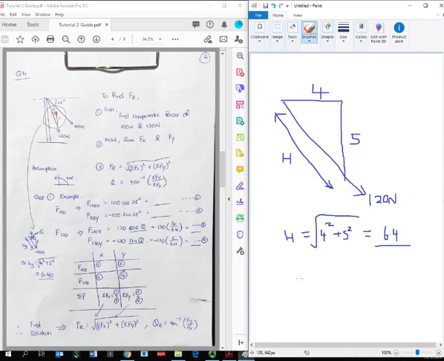Why? Because this is your theta. So sine theta is equal to opposite over hypotenuse. I got my hypotenuse 6.4. Cosine theta will be 4 over 6.4, which is the hypotenuse.